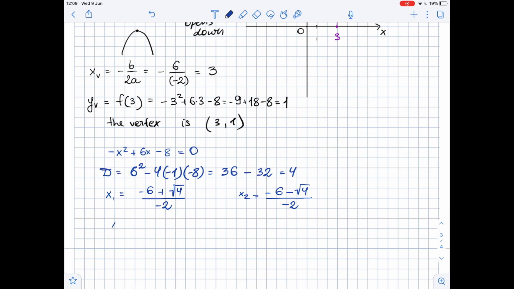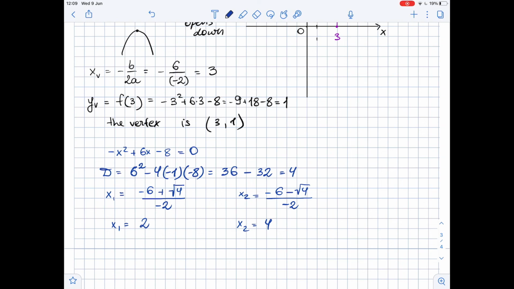Now let's do the calculation. So x1 is equal to, the square root of 4 is 2, negative 6 plus 2 is negative 4, and negative 4 over negative 2 is just 2. Well, x2 is equal to negative 6 minus 2, which is negative 8, and negative 8 over negative 2 is 4.